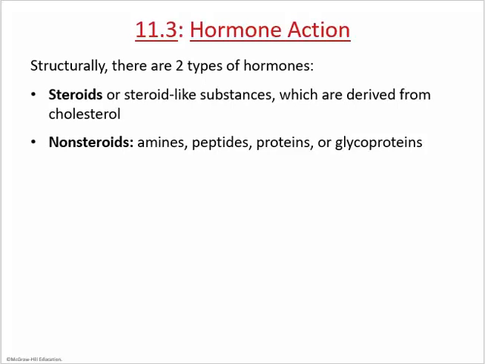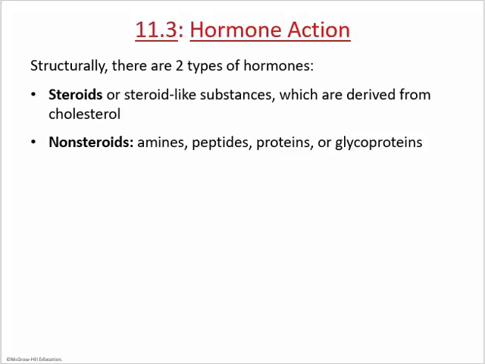Two fundamental types of hormones. There are the fat-soluble, which are the steroids. They derive from cholesterol. And the non-steroidal ones, which tend to be proteins. They're either amines, peptides, proteins, glycoproteins. So the steroids are nonpolar and can cross the cell membrane.